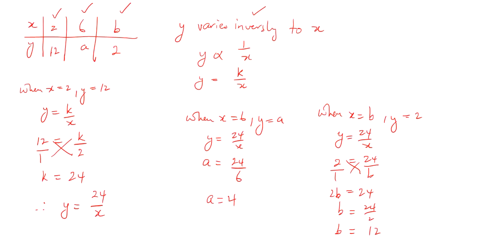So when we say inverse variation, it's 1 over the variable. This one may give some students some trouble, so please review. Let's do one last one. We have a table again. We have x, we have y, we have 1, 2, 4, a, and b, a half.